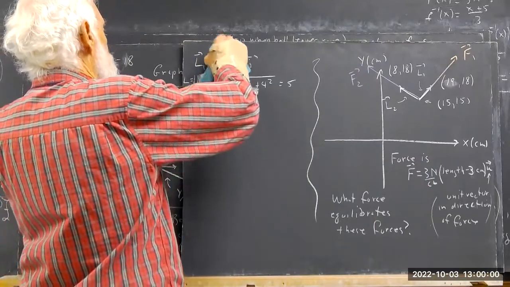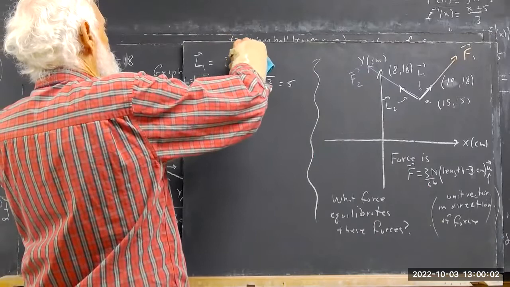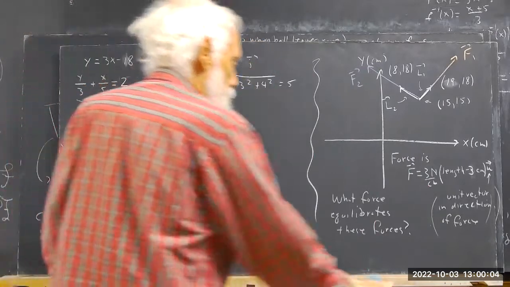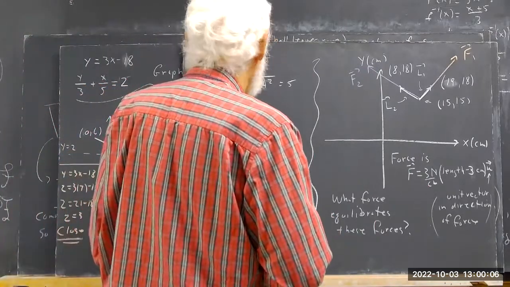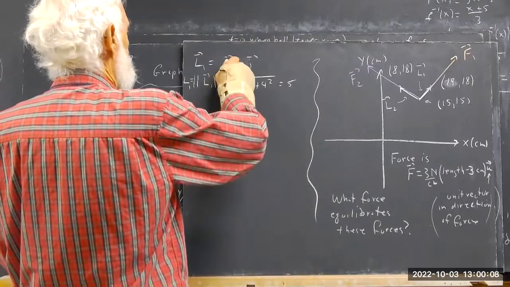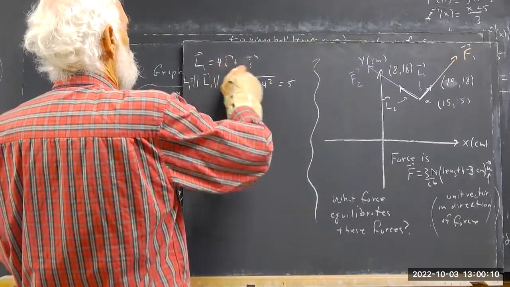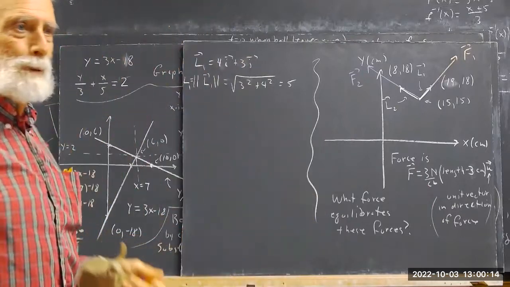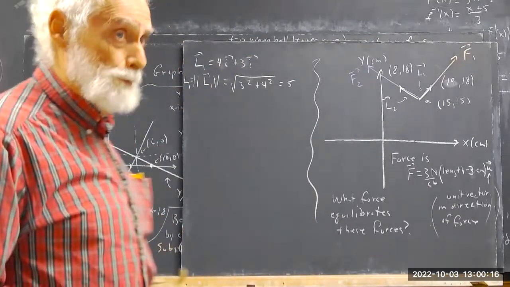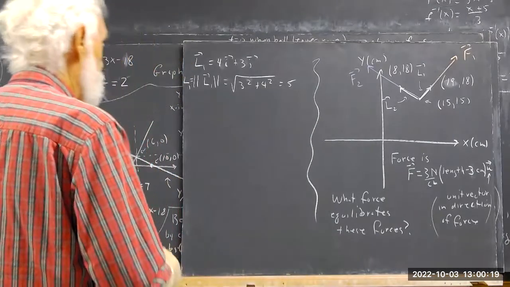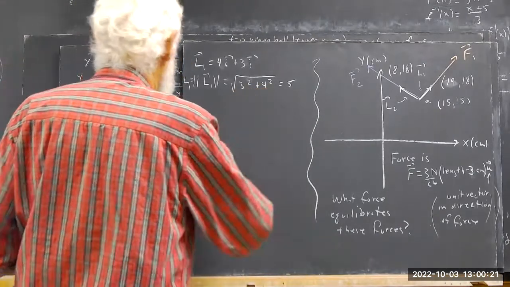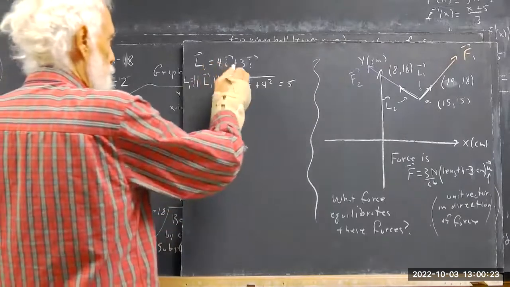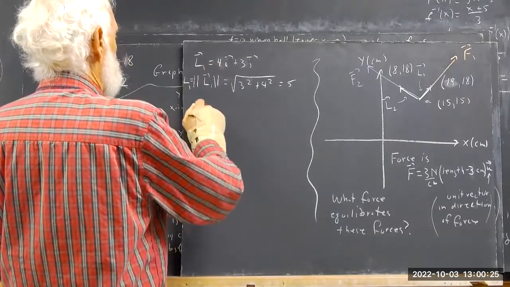It's 4i and 3j. You do want to get it right, because right now it's not going to make a difference in finding the magnitude of the force, but later on, when we find the unit vector, it's going to make a big difference. I'm not going to bother changing the 4 and 3 there, but I usually write it in the same order.